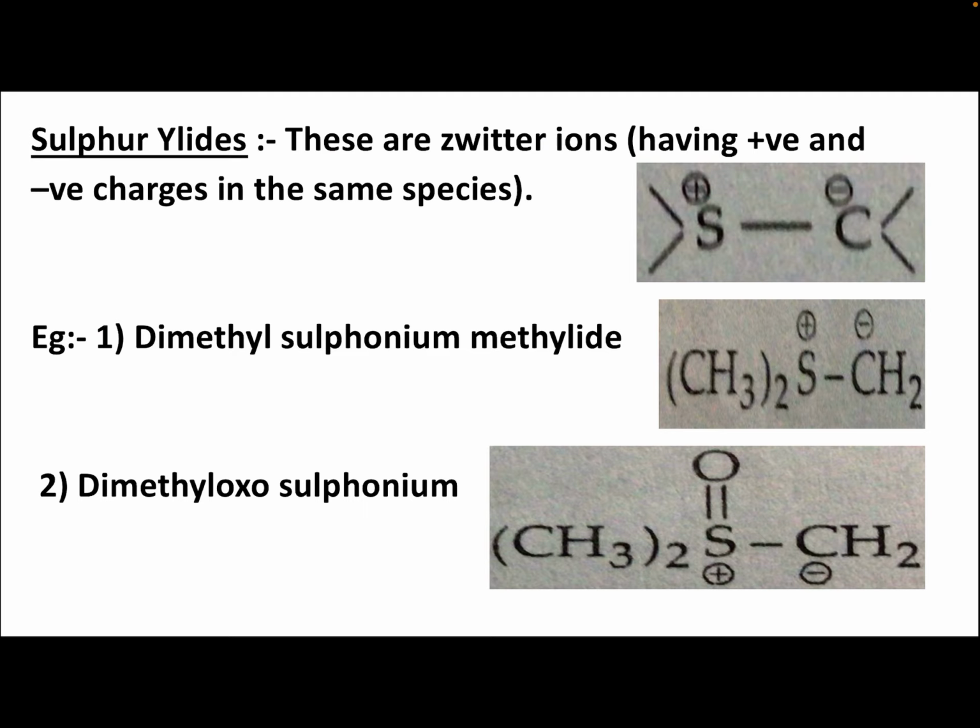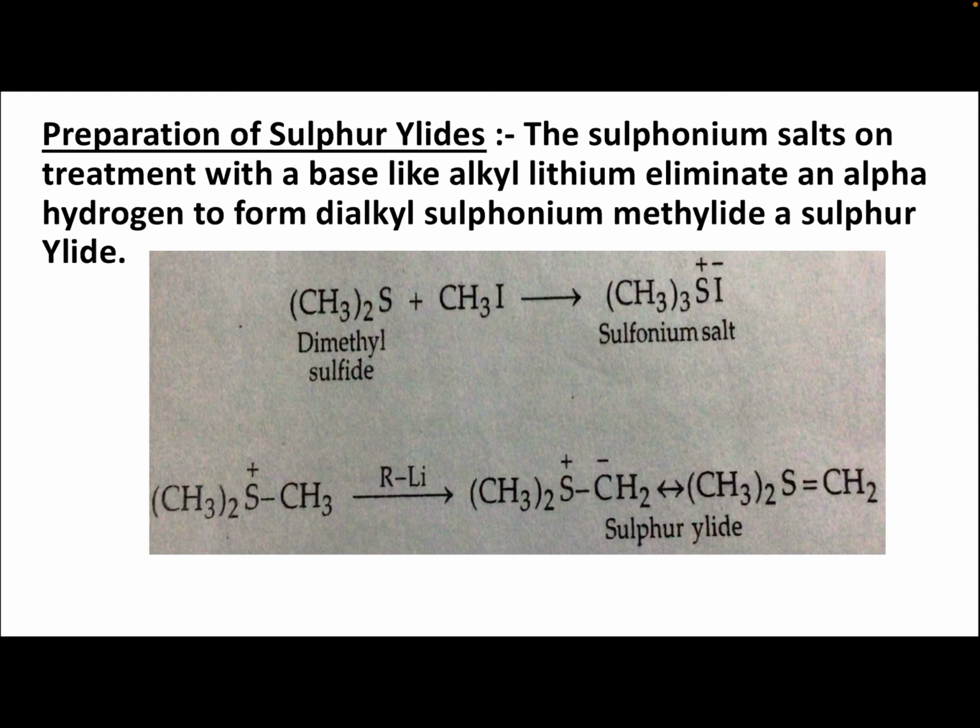You are seeing CH3 taken twice, S plus, CH2 minus, it is dimethyl sulfonium methylide. Next, CH3 taken twice, S double bond O, CH2, it is dimethyl oxosulfonium methylide. So these are the examples of sulfur ylides.